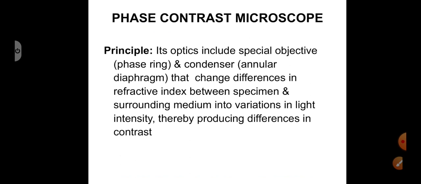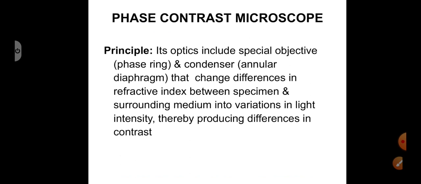So by bending there is variation in the light intensity. So these differences in the thickness of the specimen, or the refractive index of the specimen, or the light bending capacity of the specimen based on their density, is converted into variations in light intensity, and this variation in light intensity is used to produce the contrast.